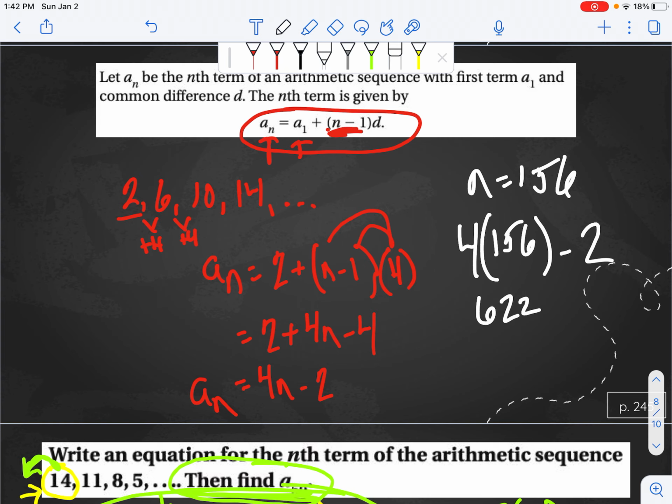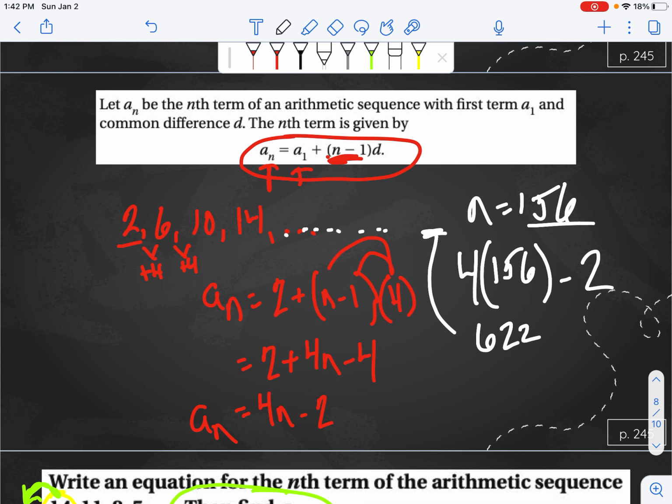So if 622 is right, then that would mean that after we repeat this pattern, 2, 6, 10, 14, 156 times, that term will be 622. All we needed to do to find that is we take our equation here.